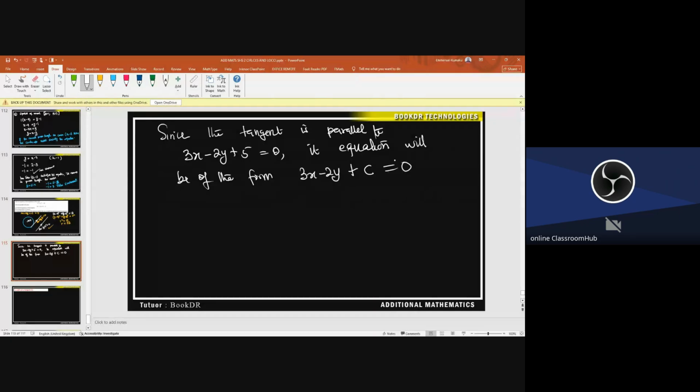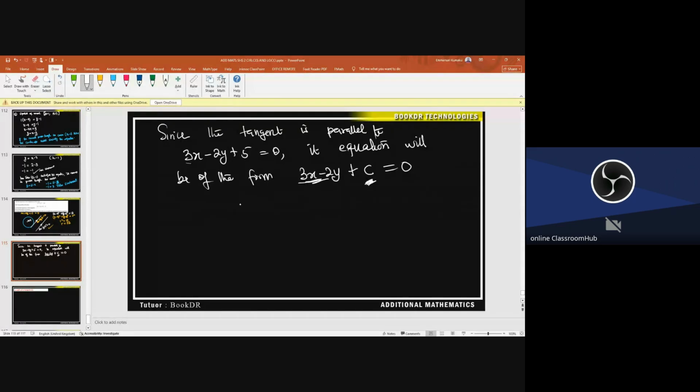What it means is that when a line is parallel to another line, the only difference between their equations is the constant term here. The y coefficient and the x coefficient will all be the same. The reason is that when two lines are parallel, they are related by the coefficients of x and y.